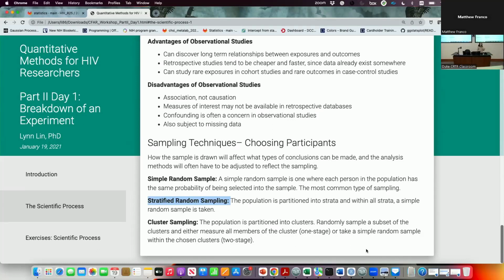But there are other ways to define clusters. If I define the cluster according to gender, then cluster sampling is obviously not a good idea, because I have two clusters, I randomly select one, and the sample will always be one gender type.